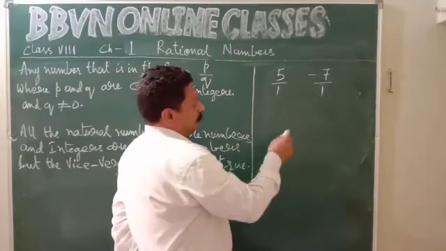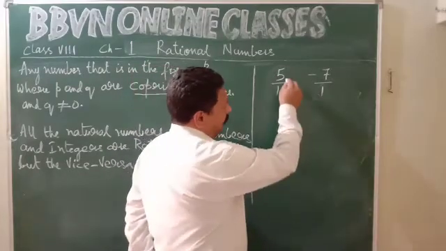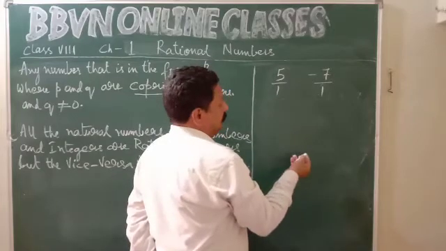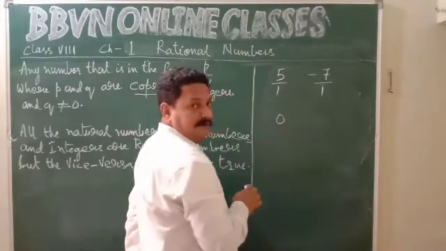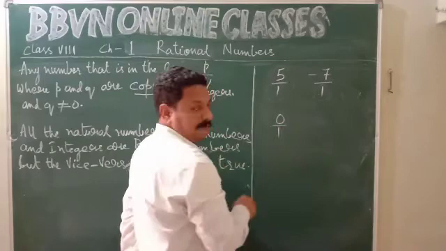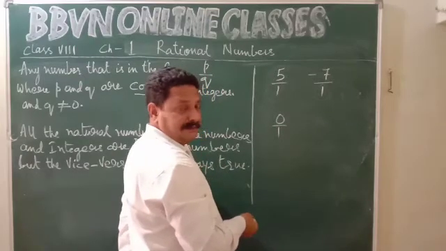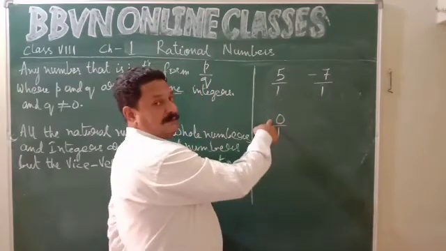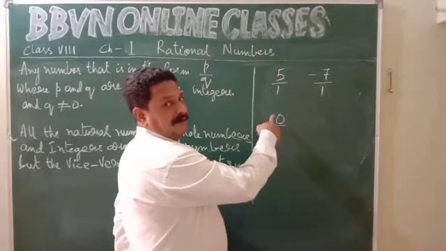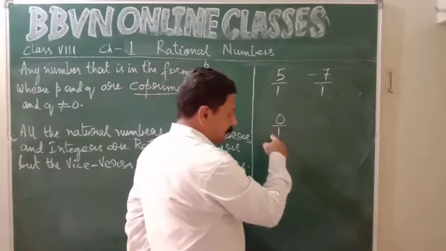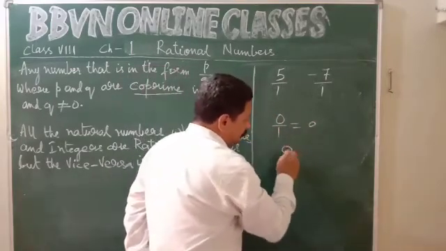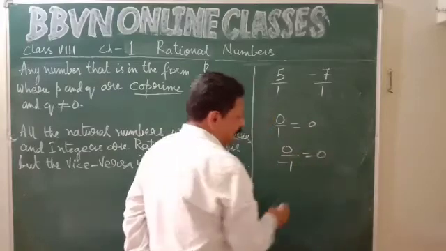Okay. So again 5 is a natural number as well as it is a whole number. 0 is a whole number. 0 upon 1 is a rational number. If you have 0 in the place of P, the numerator, you can write 0 upon 1, this is 0. You can write 0 upon minus 1 is also equal to 0.